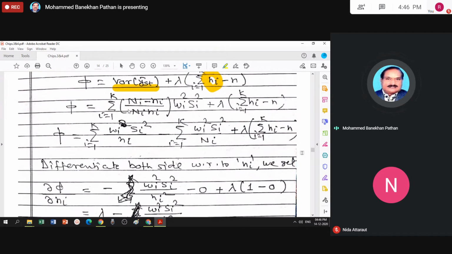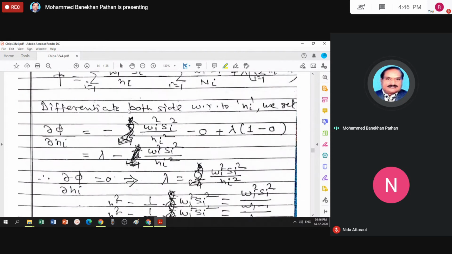Now in calculus, if you want to minimize a function with some variable, then we differentiate that function with the variable under study. Everything we are doing is to decide the value of small ni. So quite naturally, I will differentiate this function with ni.